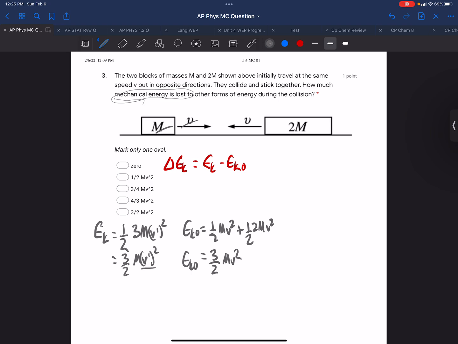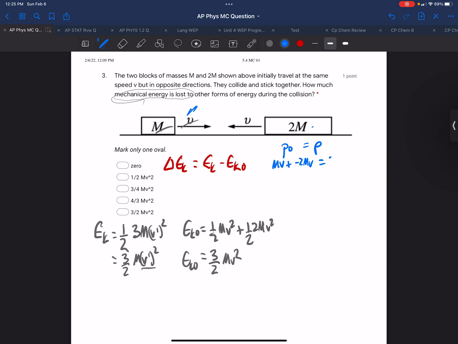So to find the final velocity, since this is a collision, we need to use momentum. So we have p0 equals p, and beforehand we have the momentum of this object, which is mv, plus the momentum of this object, which is minus 2mv. And that is going to be equal to the momentum afterward.